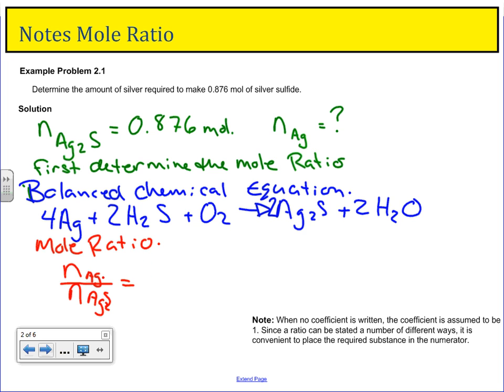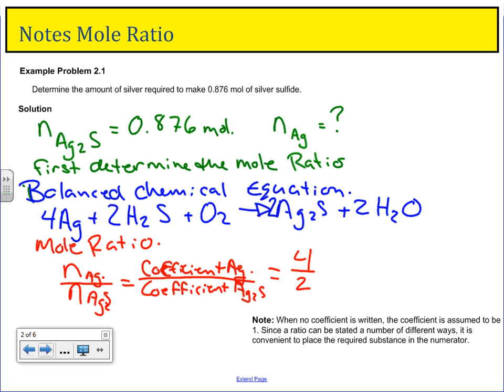So this is the coefficient, all over the coefficient of our silver sulfide, which is equal to 4 over 2.